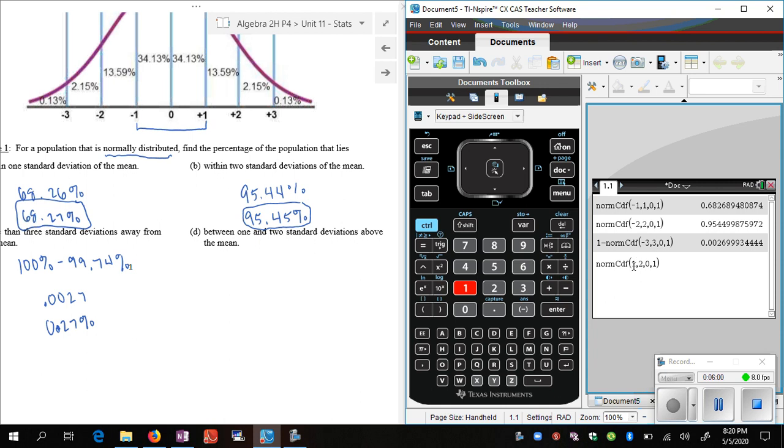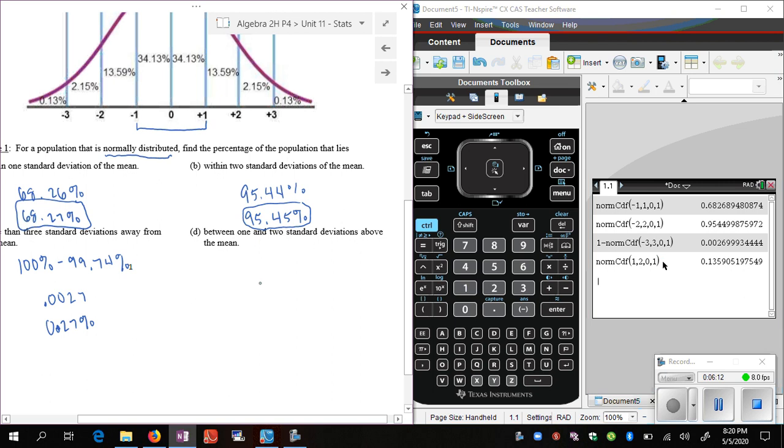So I put a +1, that's my lower bound, a +2, that's my upper bound, and keeping those two values as 0 and 1, which will change later on. And for that one, we get 13.59% or 0.1359, and that actually matches pretty accurately to what we have on the bell curve, right? That was that.